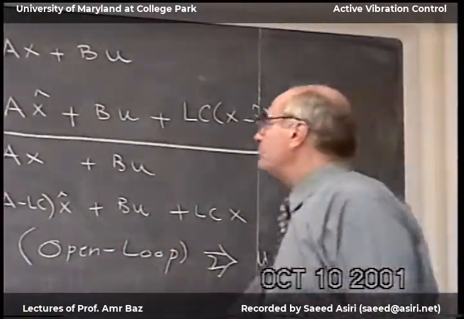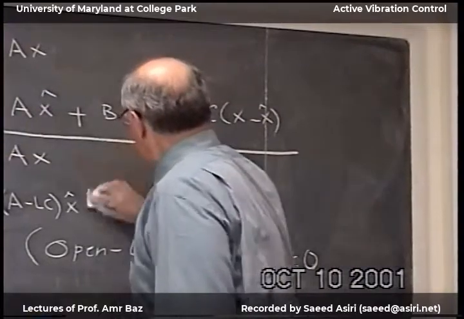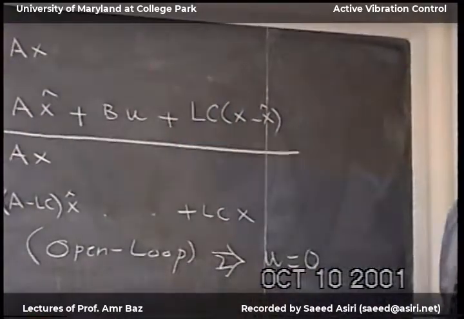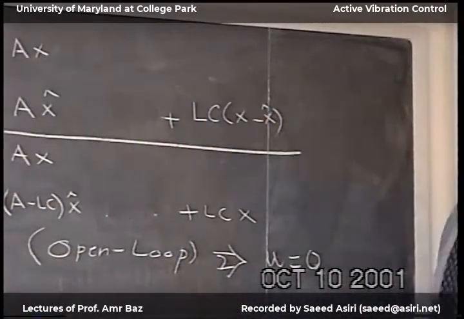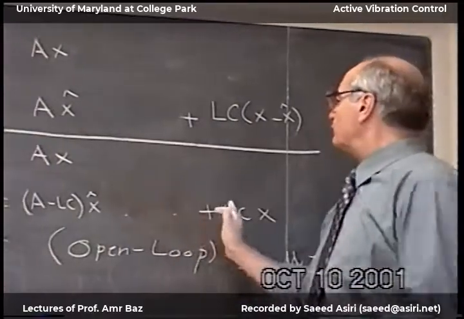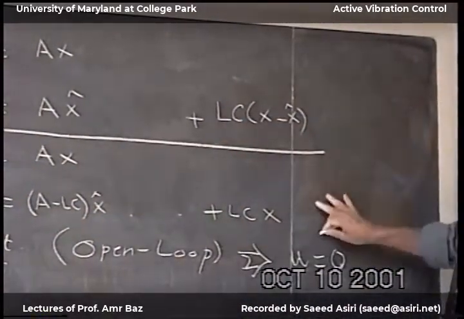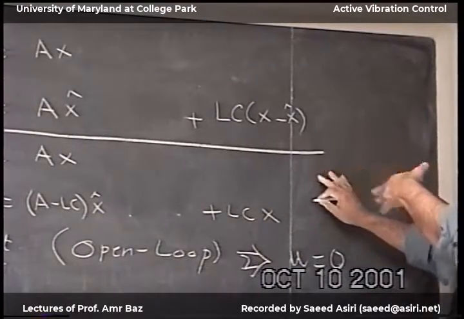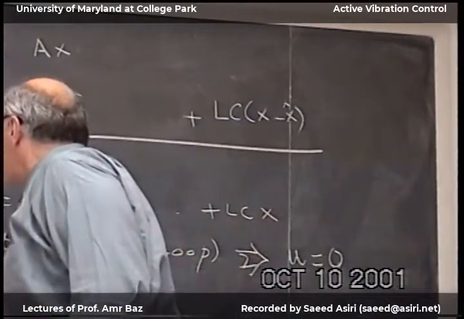U is equal to 0, so I don't have this term and this term. Okay, for the open loop, u is equal to 0. Now my system will reduce to this case. Of course, I have other terms because of the noise and disturbance, but I'm not going to put them in. Okay, so now I have the system, looks like this.